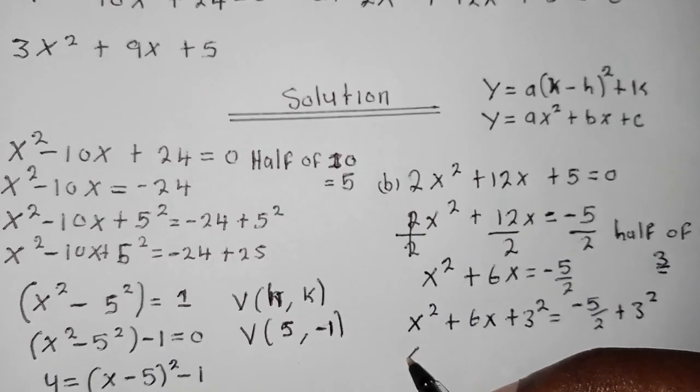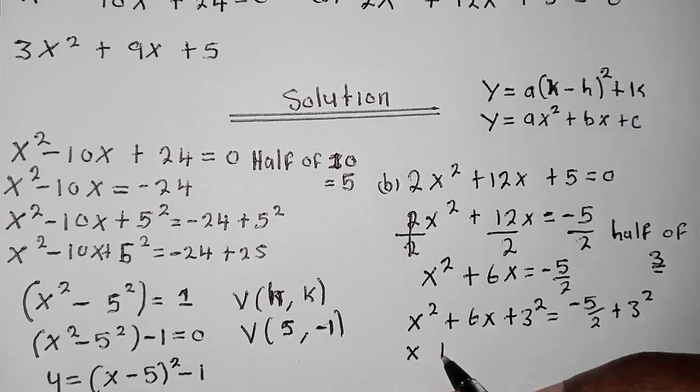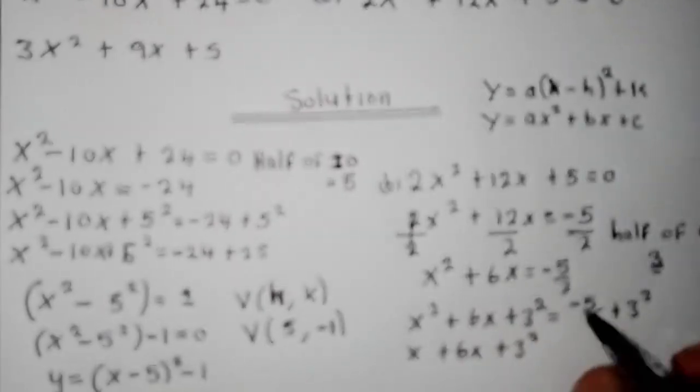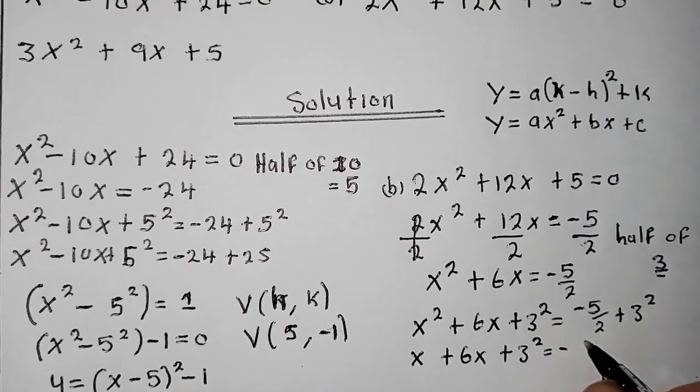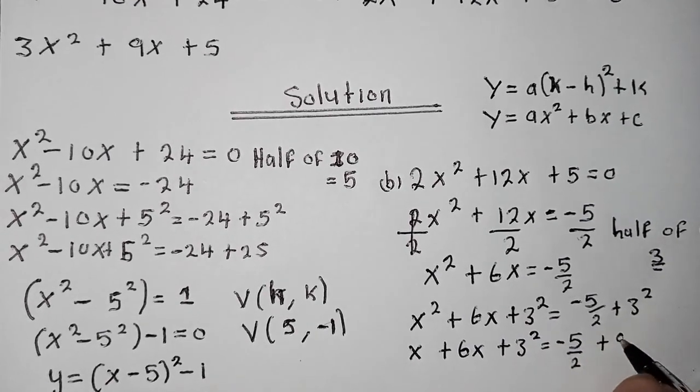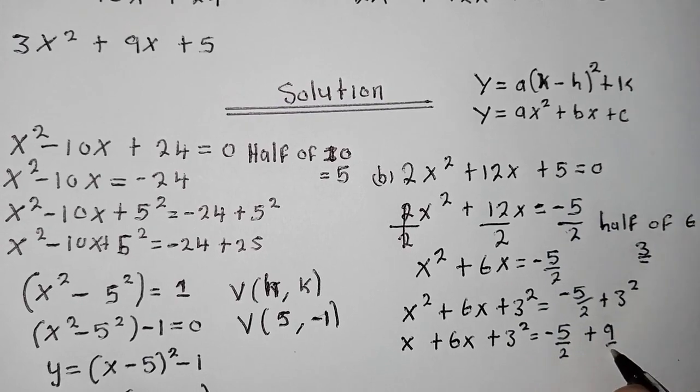Automatically this is going to be x plus 3 to the power 2 equal to negative 5 over 2 plus 9 over 1.